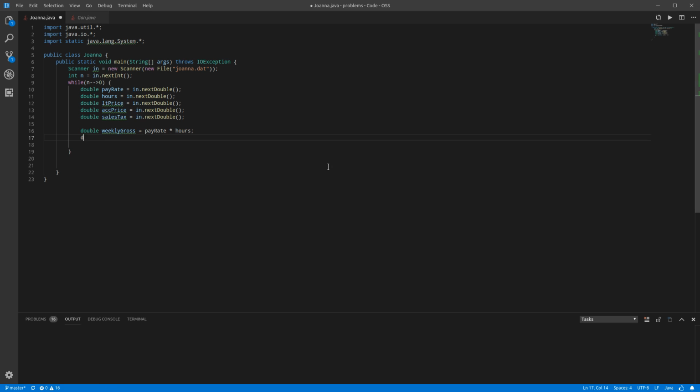And then her weekly net should be that weekly gross minus 7.65% of that weekly gross. So I'm just going to say times 1 minus 0.0765. So it's going to be weekly gross times 1, and then minus weekly gross times 0.0765. So there's our weekly net.